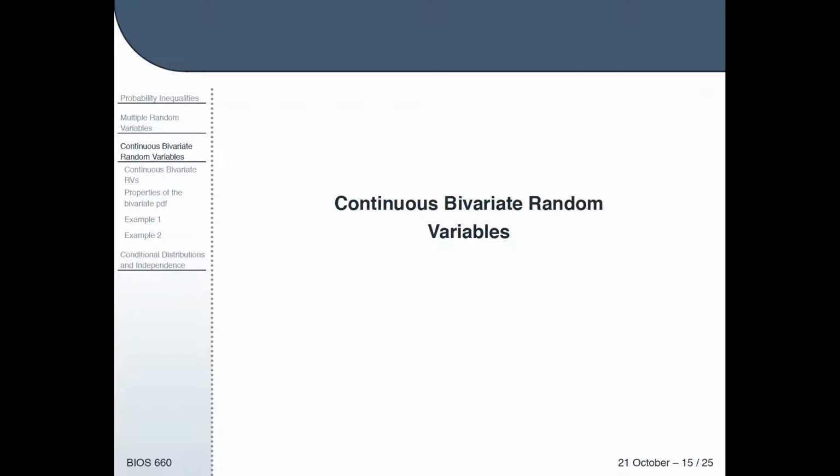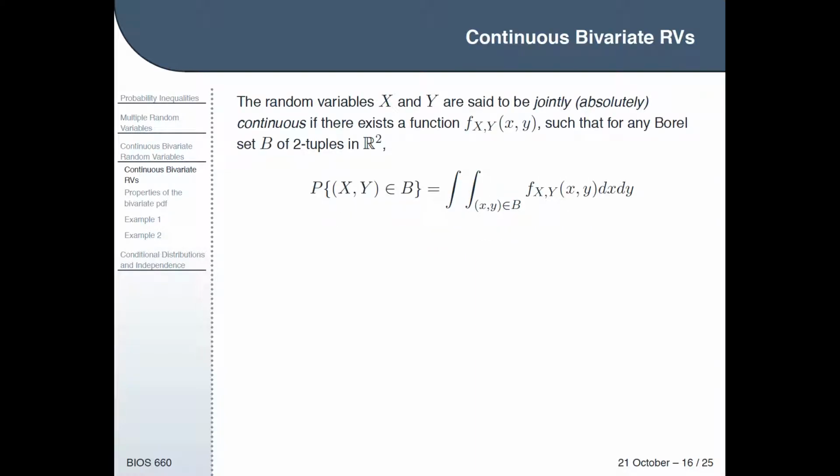Now we'll discuss some continuous bivariate random variables. Most of the stuff we've discussed thus far is focused on the discrete case. The continuous case is similar, although it gets a little bit messier because we have to deal with integrals.